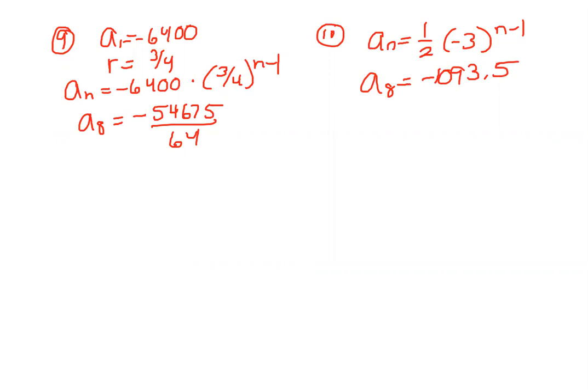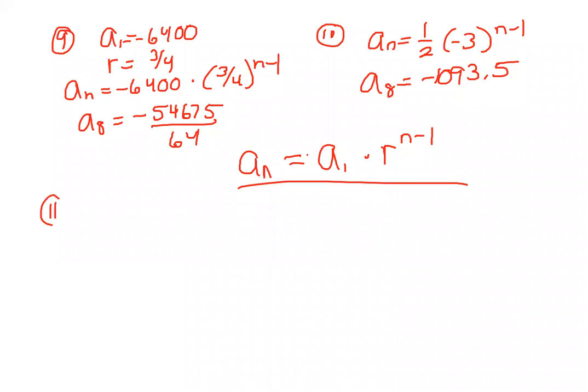This is kind of what we did the last time when we had some of the parts and we had to look for some of the other ones. Here's our equation. So for number 11, it says A1 equals 240, R equals -2, find A6.